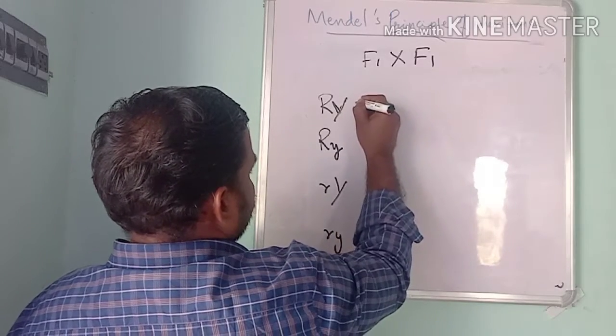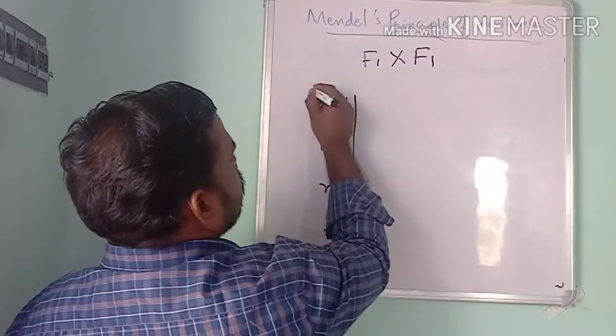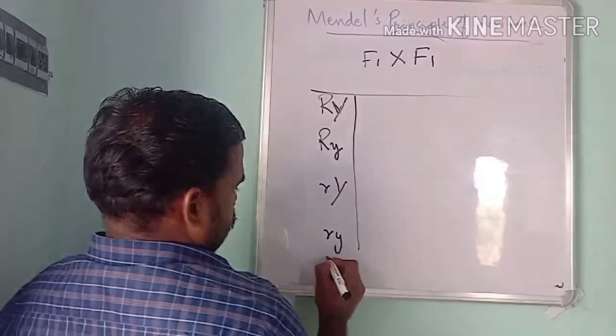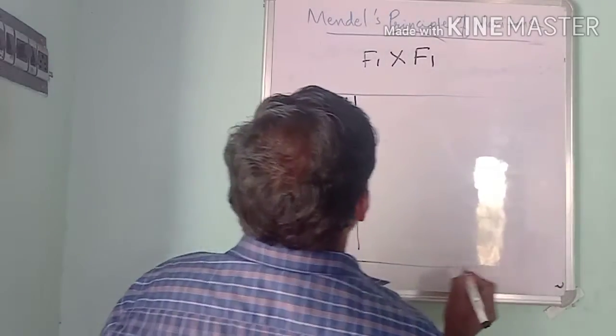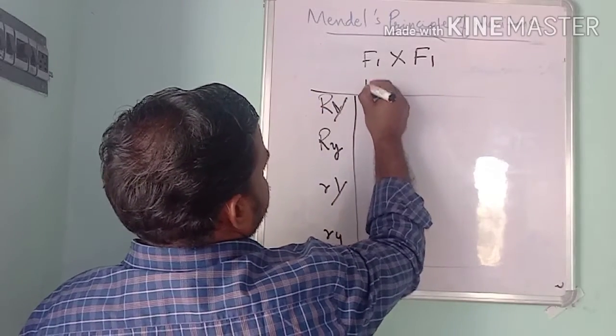These are the possible gametes, am I right? We are going to make the products with the help of the Punnett square.